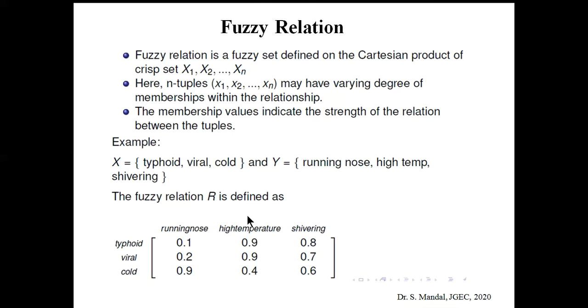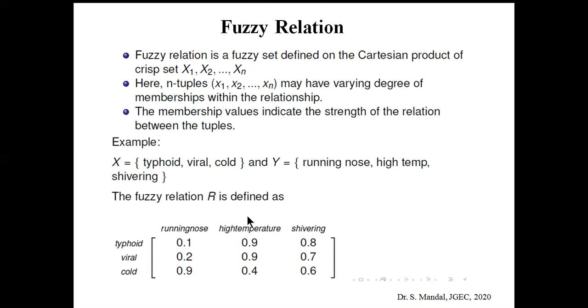Now fuzzy relation is a fuzzy set defined on the Cartesian product of the crisp sets x1, x2, and xn. Consider an example: if I have typhoid, obviously the main symptom will be high temperature.